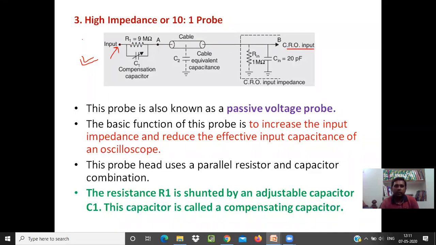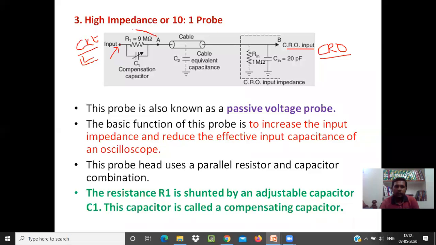At the input side we have a circuit, and at the output side we have a CRO. We are discussing the probe which is used to connect these two, circuit and CRO. The input means the circuit output, and we are connecting here.